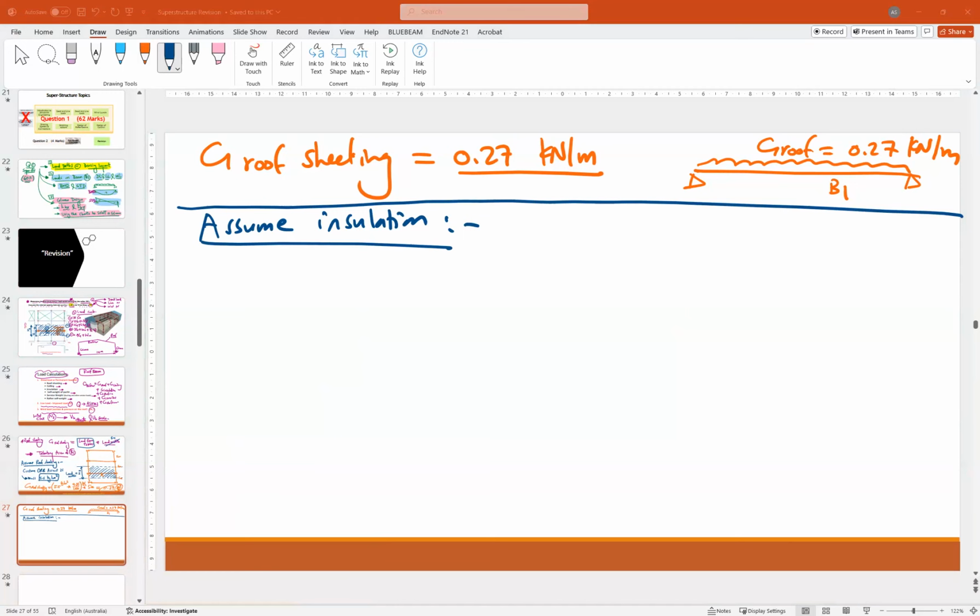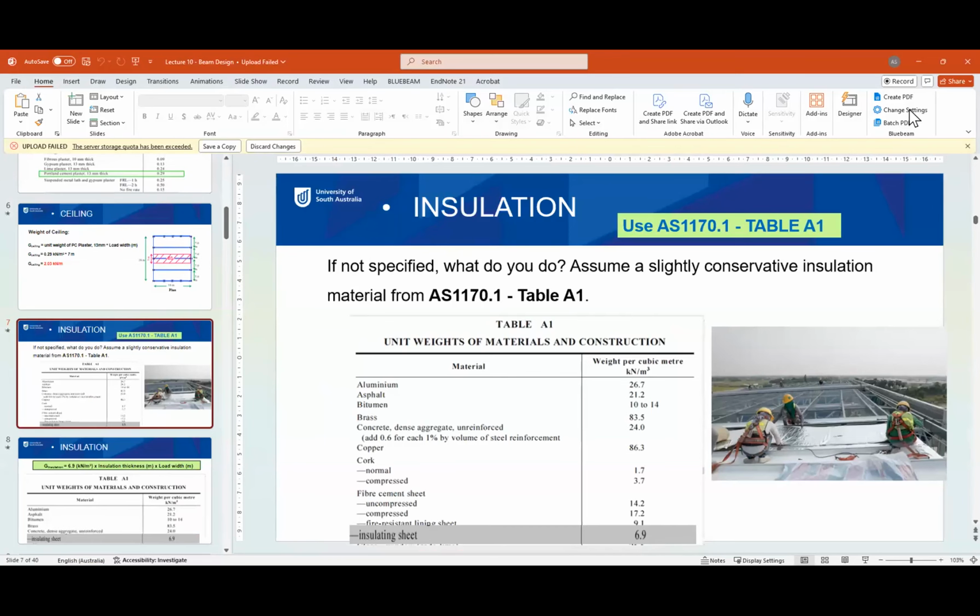For example, if we go to our lecture here, this is the material for insulation. So we can assume insulating sheets; the weight, the density of this is 6.9 kilonewton per cubic meter. So this is the insulation sheets.